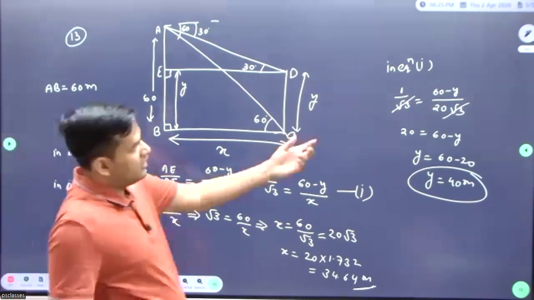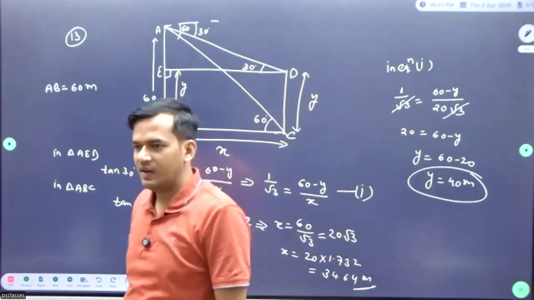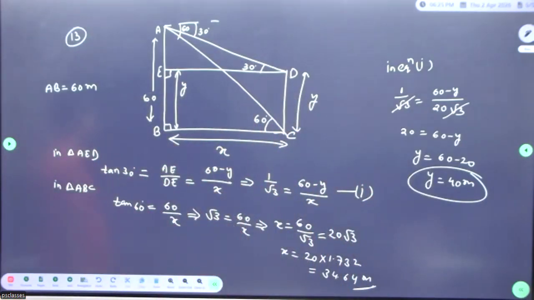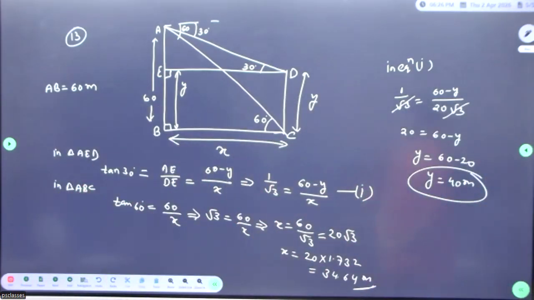So do not substitute the value of X in decimal here, otherwise the calculation will be lengthy. In this exercise, in this chapter, you have to use your time wisely.